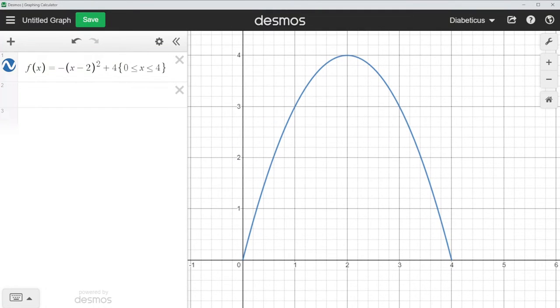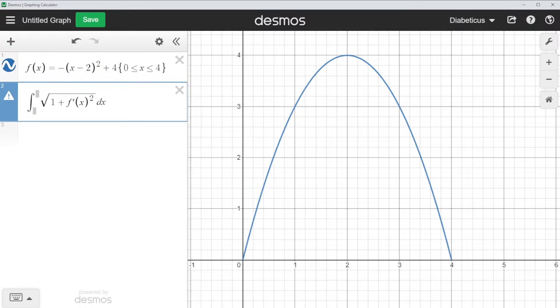Like I said, the arc length of this is over the interval from 0 to 4. And you need to memorize the arc length formula. I did one video on the arc length formula, and it's basically in this form, right?